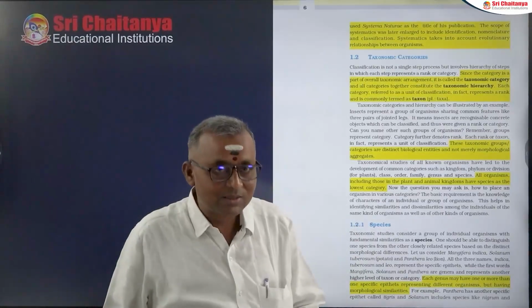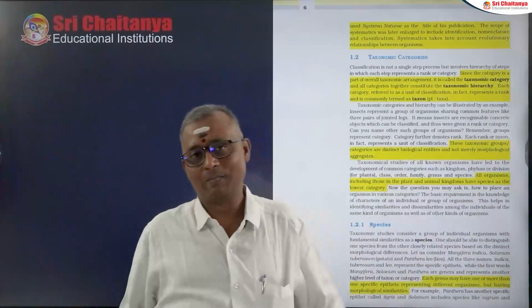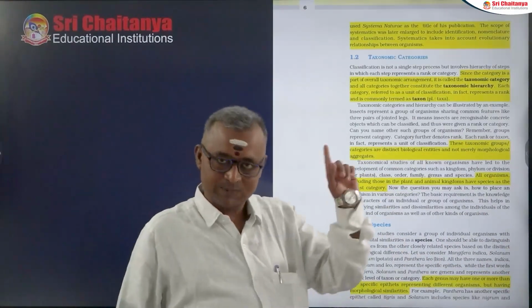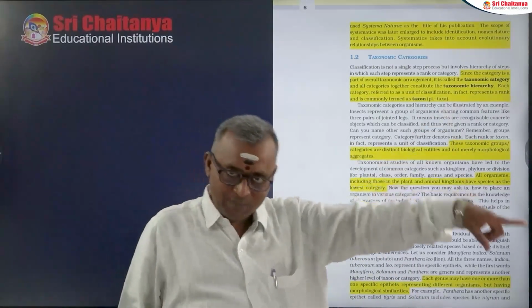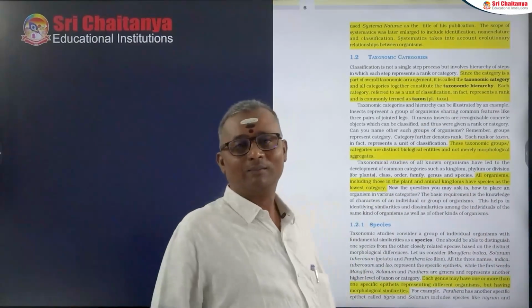Similarly, genus is a taxonomical category. Species is a taxonomical category. Family is a taxonomical category.